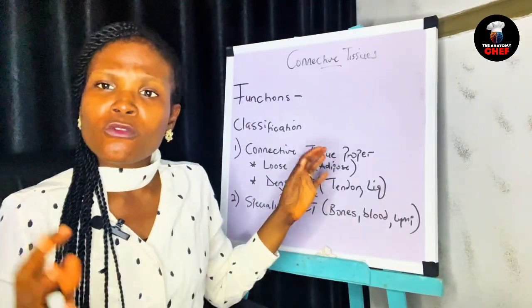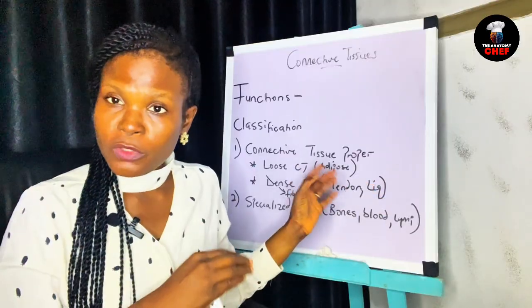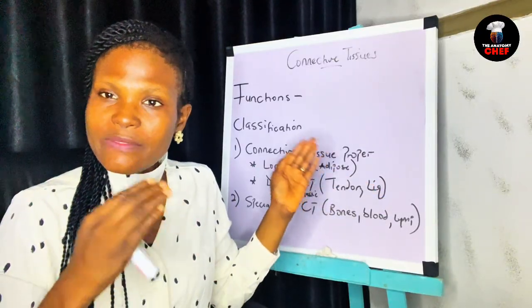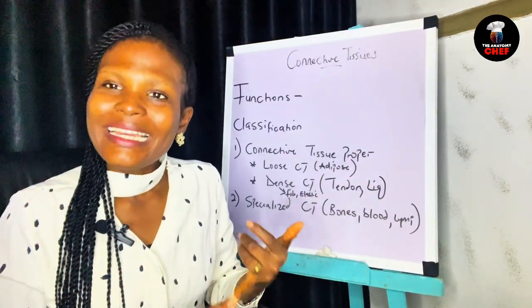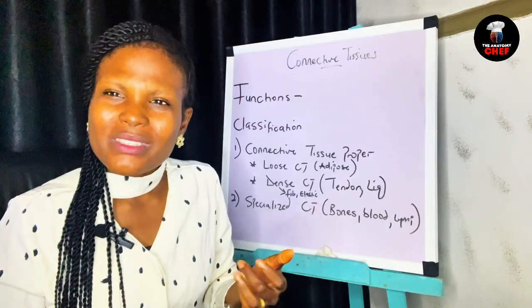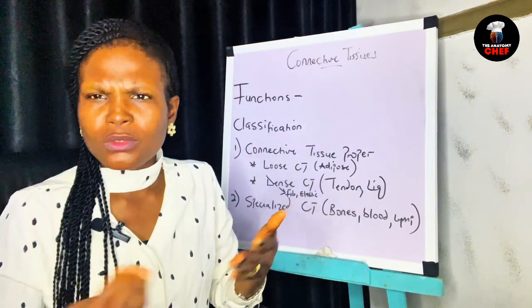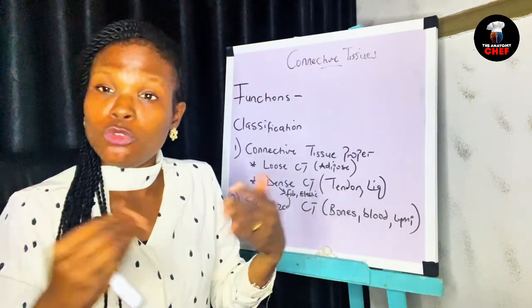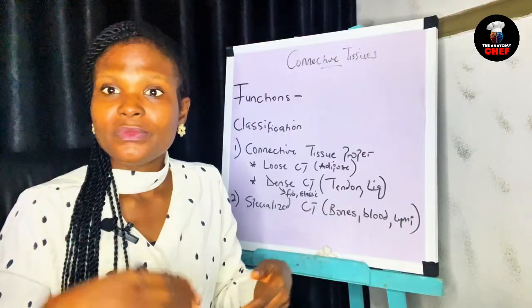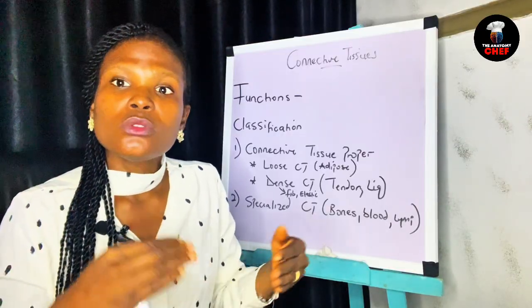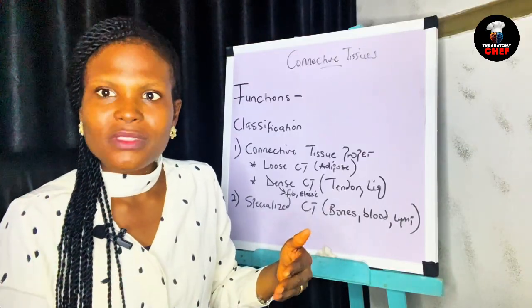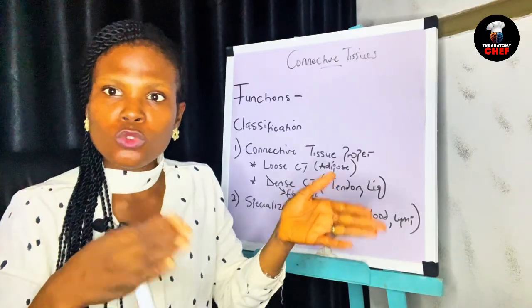Examples of some of the structures you find in the dense connective tissue are your tendons and your ligaments. You should know the difference between tendons and ligaments. Tendons connect muscle to bones, ligaments connect bones to bones.